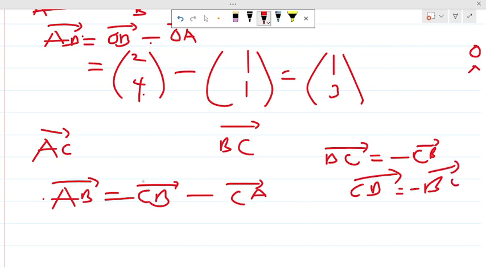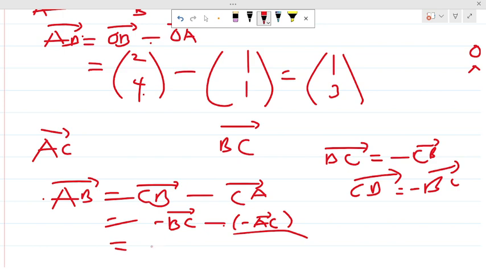Now you will do it for this. Because we have BC, you will say CB is the same as negative BC. Then CA is the same as what? Negative AC. Then we come and get what? Positive here, because negative minus negative will be positive.